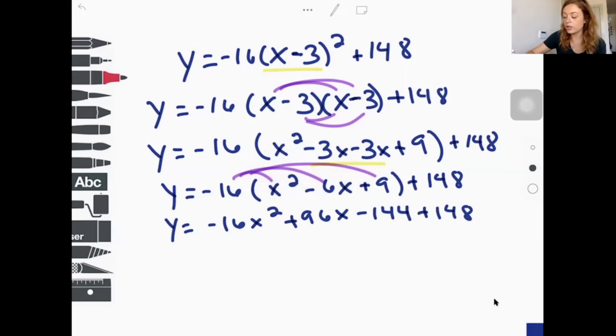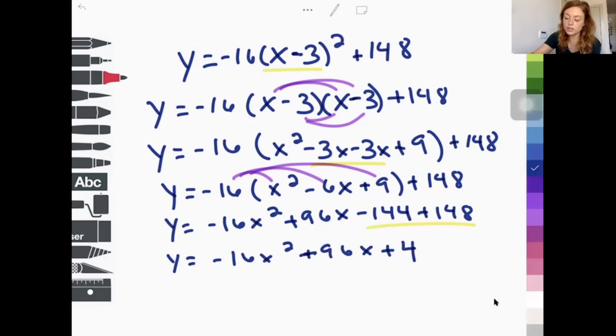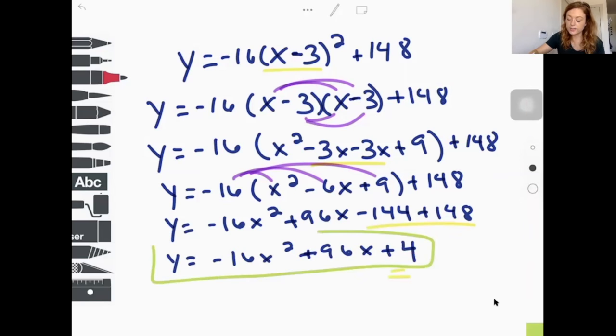Okay, then again, we're going to combine our like terms. y equals -16x squared plus 96x, and then -144 plus 148 leaves us with a +4, which is good because this should be our y-intercept, and our y-intercept was at 4. Okay, so then our standard form we just found is this right here. So that's the second part of part A. So we would flip on over to our document.